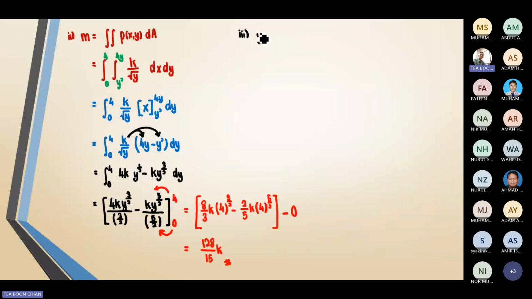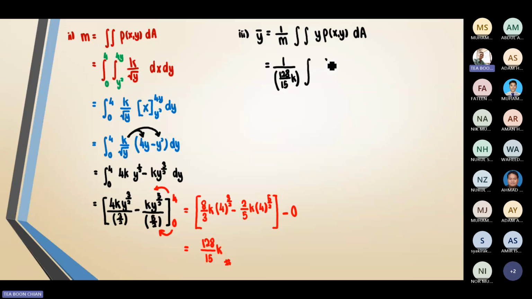So this is given by y bar equals 1 over m, the double integration of variable y multiplied by the density function, with respect to area A. Now, previously, we have computed 128 over 15k to be the mass of the lamina. Therefore, this is just 1 over, in the big bracket, 128 over 15k.